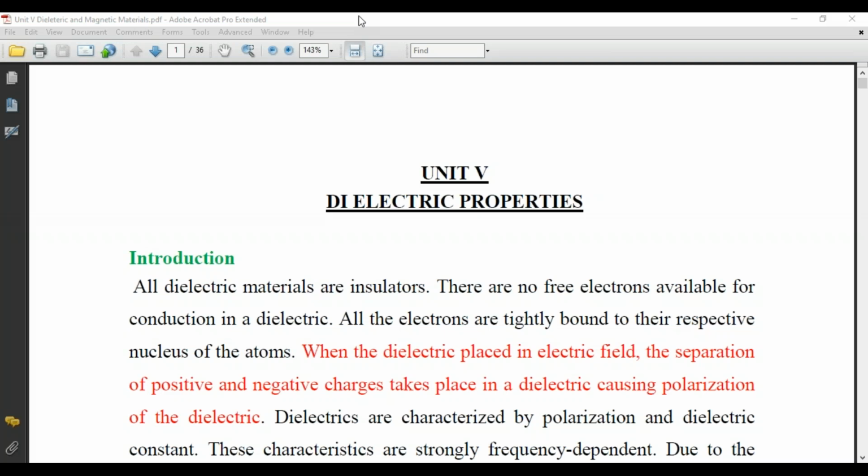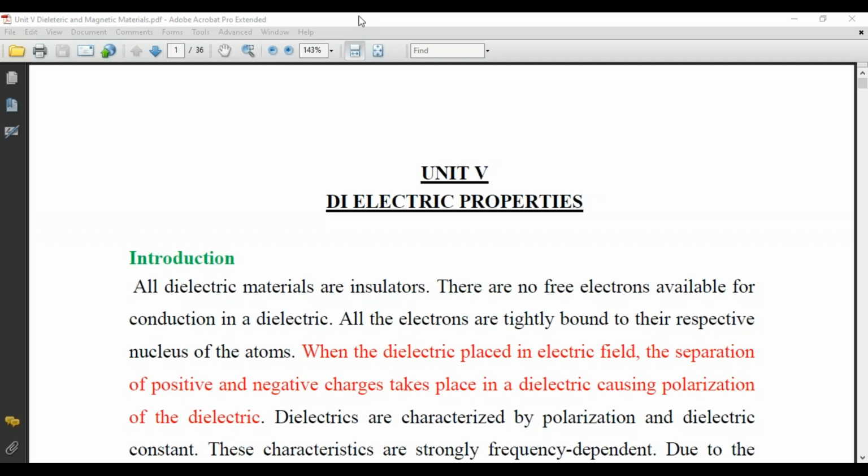Dielectrics are characterized by the polarization and dielectric constant. These dielectrics are strongly frequency dependent and also temperature dependent. Due to these facts, dielectrics constitute an important group of electrical and electronic engineering materials.